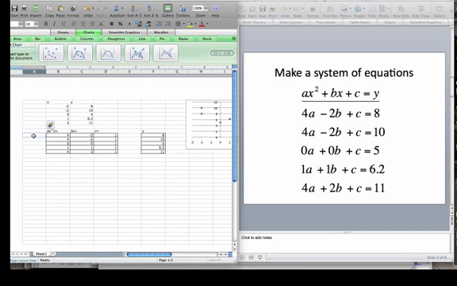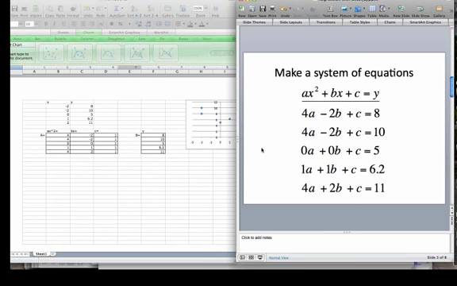I'm going to call this one matrix A and this one matrix B. And just so that my A is closer to my matrix and my B is closer to my matrix, I'm going to right justify them. You don't have to do that. Okay, so here is my coefficients matrix. It's the matrix formed by taking the coefficients of each of these equations. Here is my constants matrix. And they come from the y values.